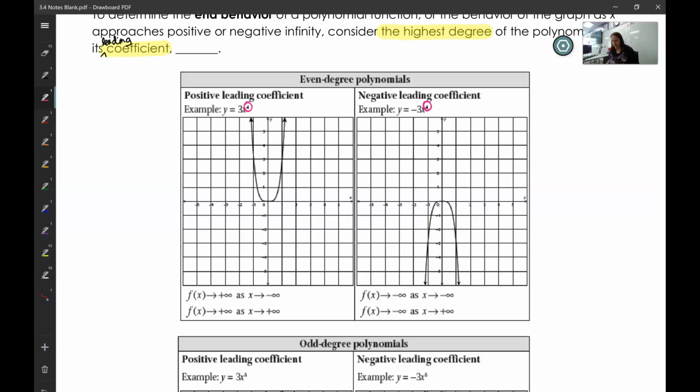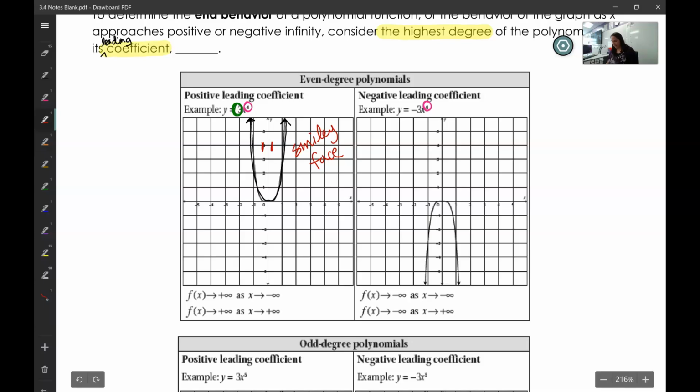So an even degree, and then if I have a positive leading coefficient, anytime your leading coefficient is positive and the degree is even, it's going to look like this U shape. I usually call it the smiley face. That's my nickname for it.